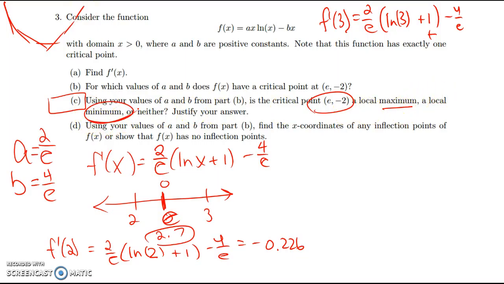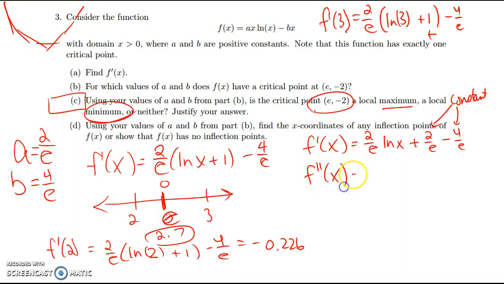All right, now it says use your values of a and b and find out if it has inflection points. So we take our first derivative, which equals 2 over e, natural log of x, plus 2 over e minus 4 over e. These are just constants, which will drop out when we take the derivative.